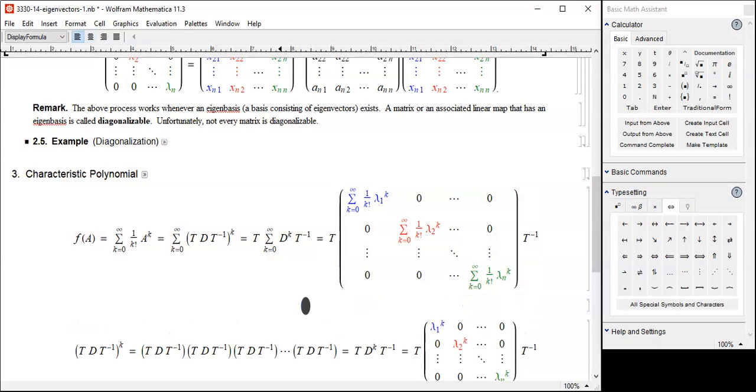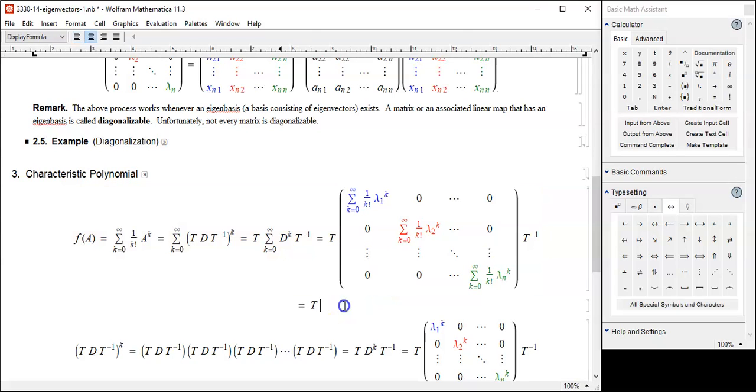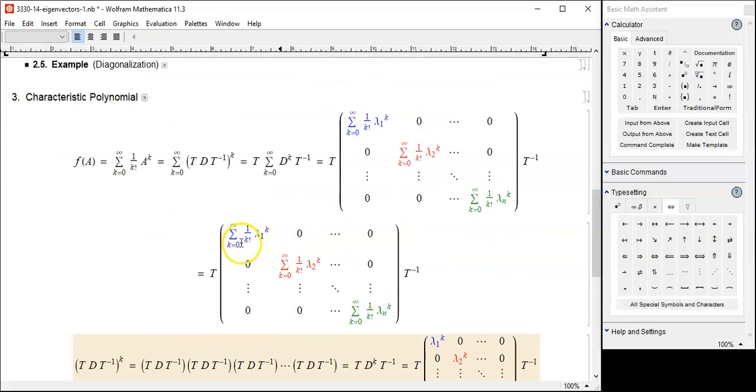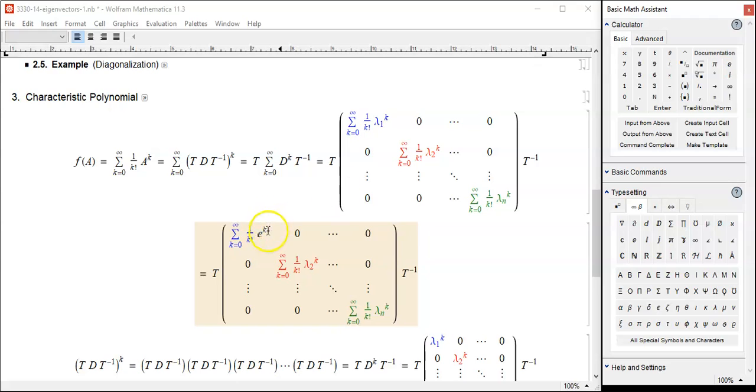That's going to be equal to T and this one over here, as a matter of fact, exponential of lambda 1.